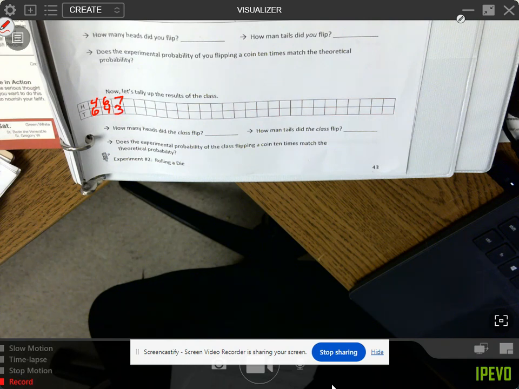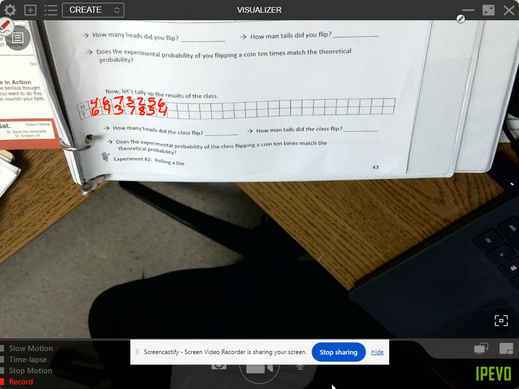Callie. 2 heads, then tails. 3 heads, 7 tails. Melanie. So again, as I'm writing, you're writing. 2 heads, 8 tails. Connor. 5 heads, 5 tails. Nice, you met that theoretical probability. Madeline. 6 heads, 4 tails.